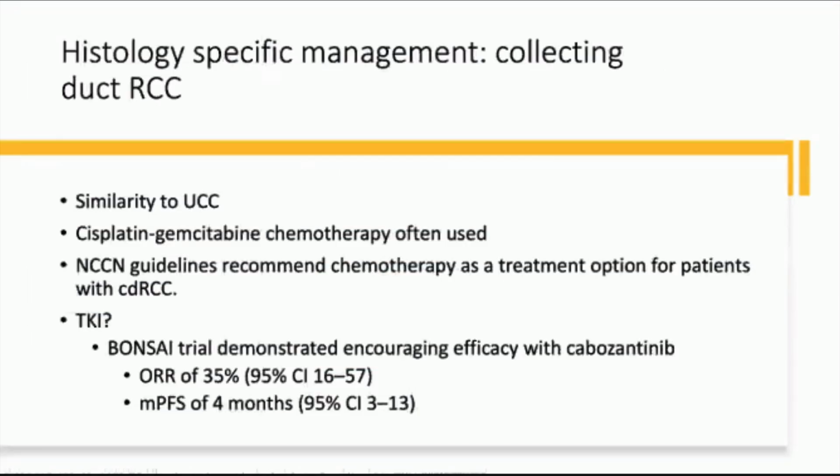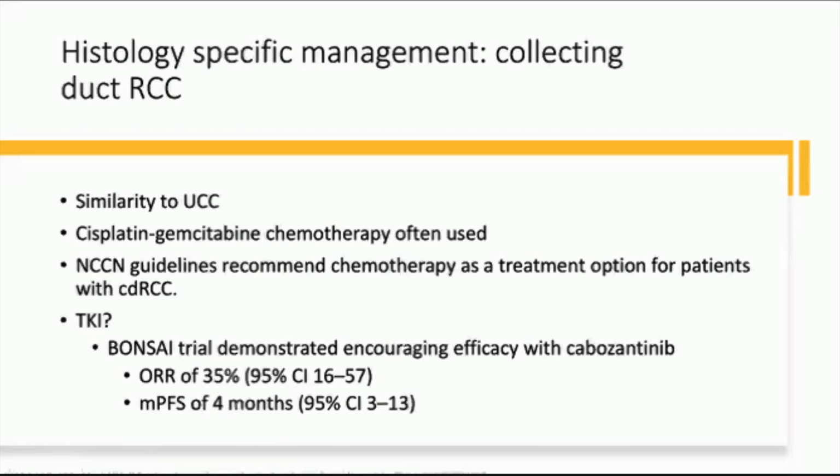Now, looking at histology-specific management for collecting duct RCC, we have to almost think about it in the context of its similarities to upper tract UCC. In this instance, the preferred regimen for this cancer is actually gemcitabine-cisplatin chemotherapy, which is also the recommendation found in the NCCN guidelines.